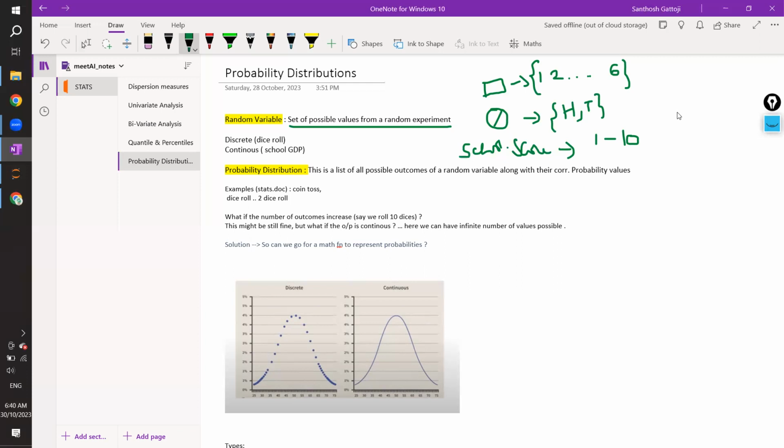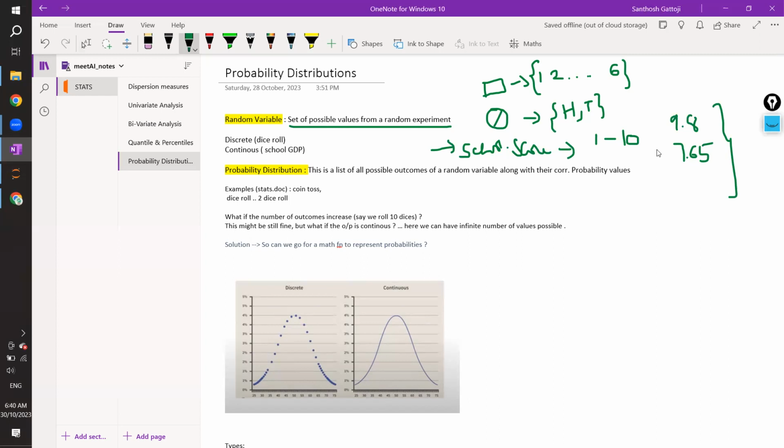One person might get 9.8, another 7.65. There are so many possible outcomes, but a list of all these possible outcomes from this random experiment is called the random variable. So a random variable is simple. It is just the set of all possible values that you can expect from a random experiment.